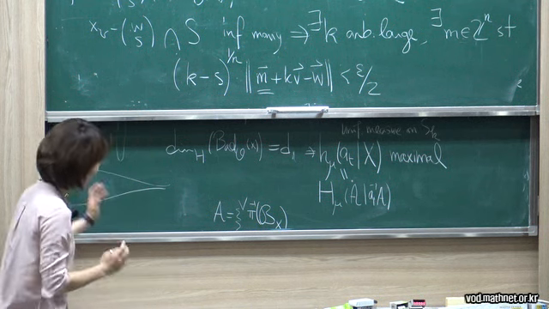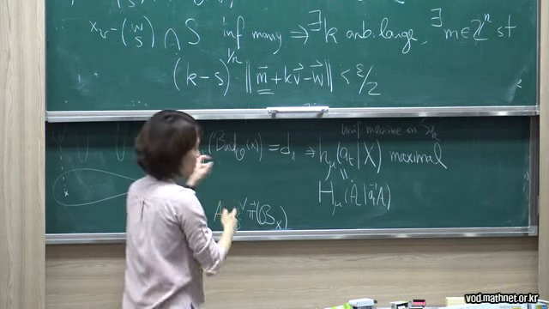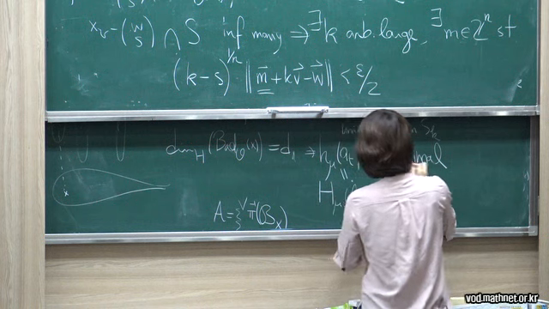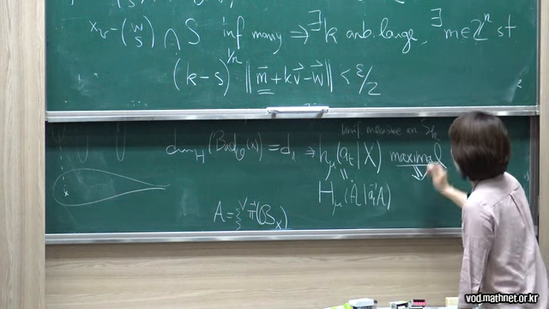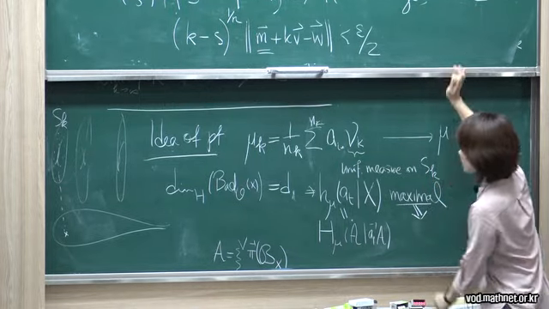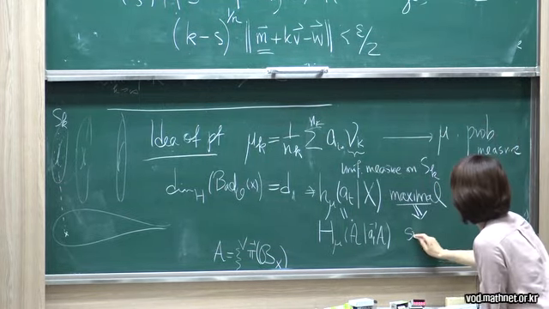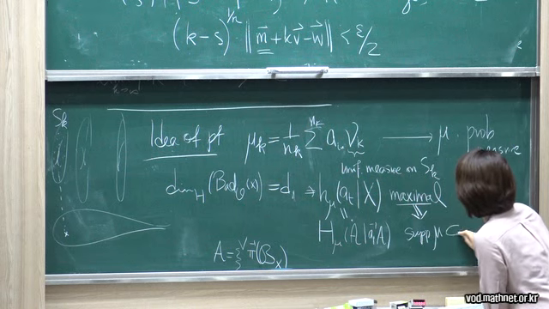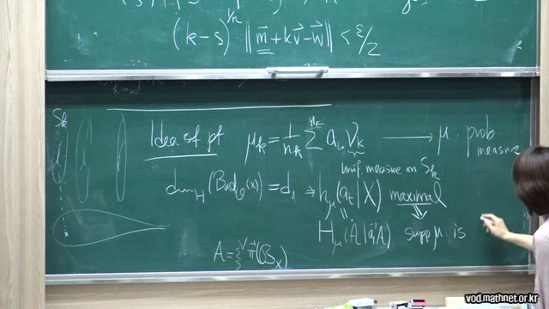Okay. So anyway, somehow the maximality of the Hausdorff dimension gives maximality of the relative entropy with respect to X. And this relative entropy being maximal gives that the support of mu is translation invariant.